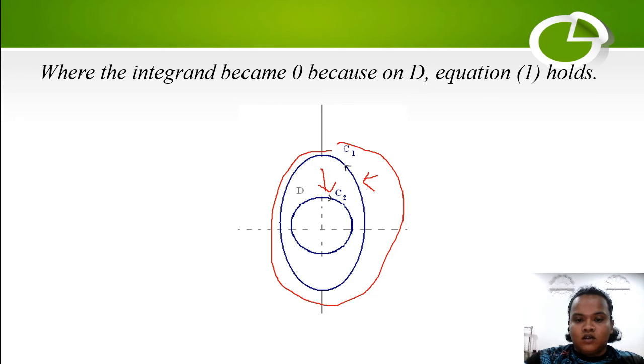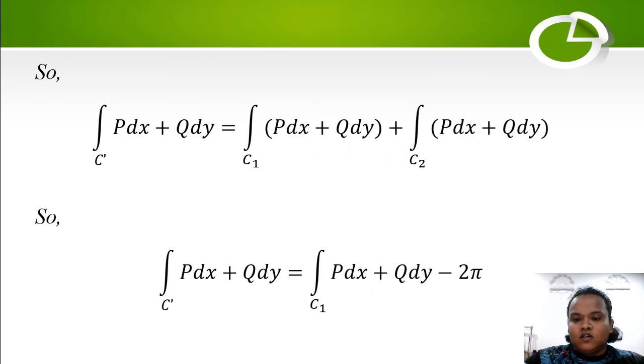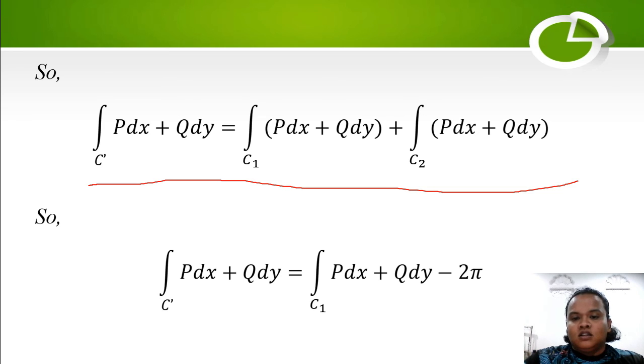We will see the region D. So by the curve that already shown, the equation will be stated like this. The integral of P dx plus Q dy will equal the integral over C1 of P dx plus Q dy plus the integral over C2 of P dx plus Q dy.